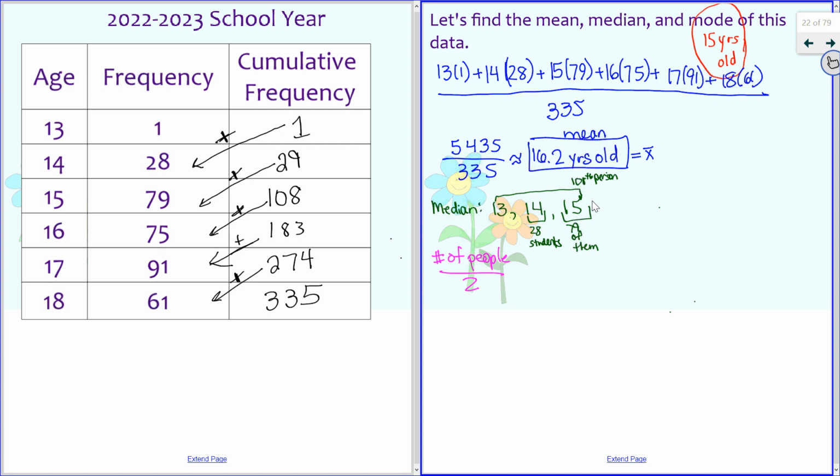That's going to be my middle person, the person that would be standing in the middle of that line. So I have 335 people divided by 2, and I get 167.5. So my 168th person is in the middle.